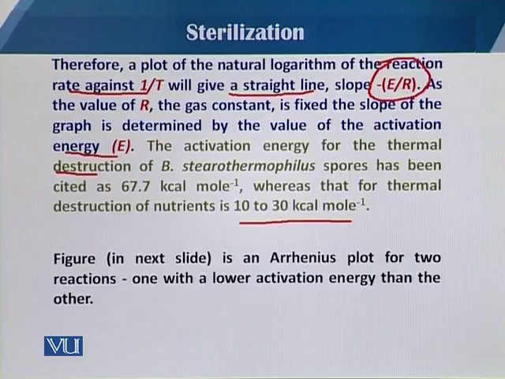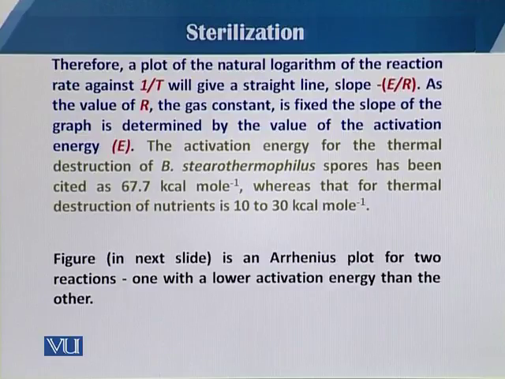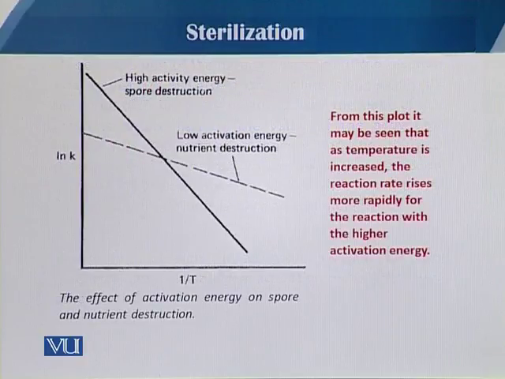As concerned the Arrhenius plot of these two reactions, we can see in this slide the relationship. The solid line shows the high activation energy spore destruction and the dotted line shows the low activation energy nutrient destruction.